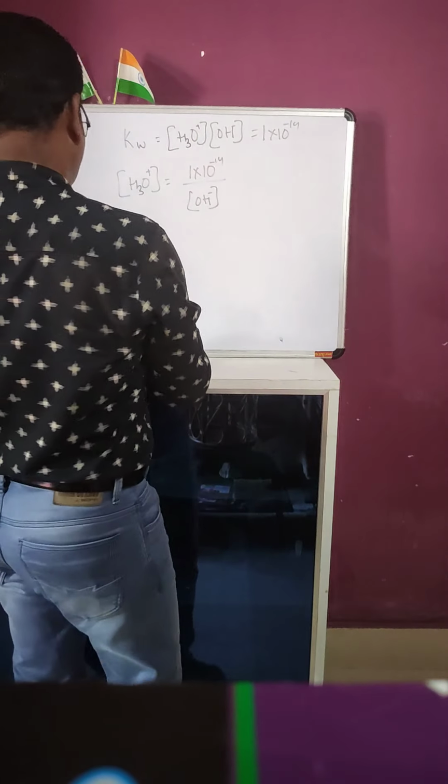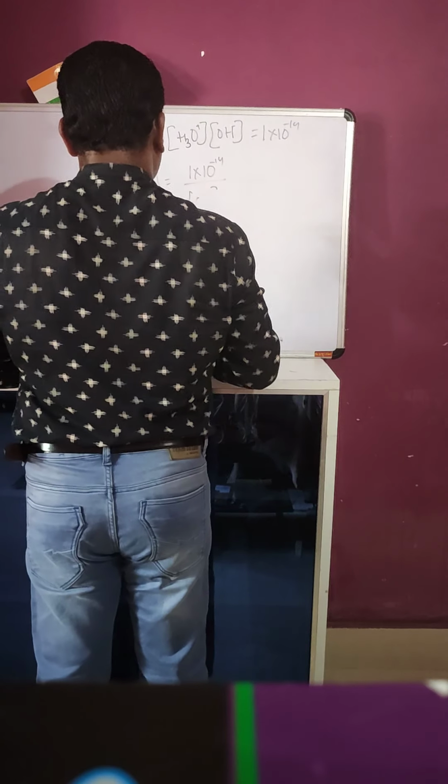Next we will see the strength of an acid or a base. What is a strong acid? What is a weak acid? What is a strong base? What is a weak base?